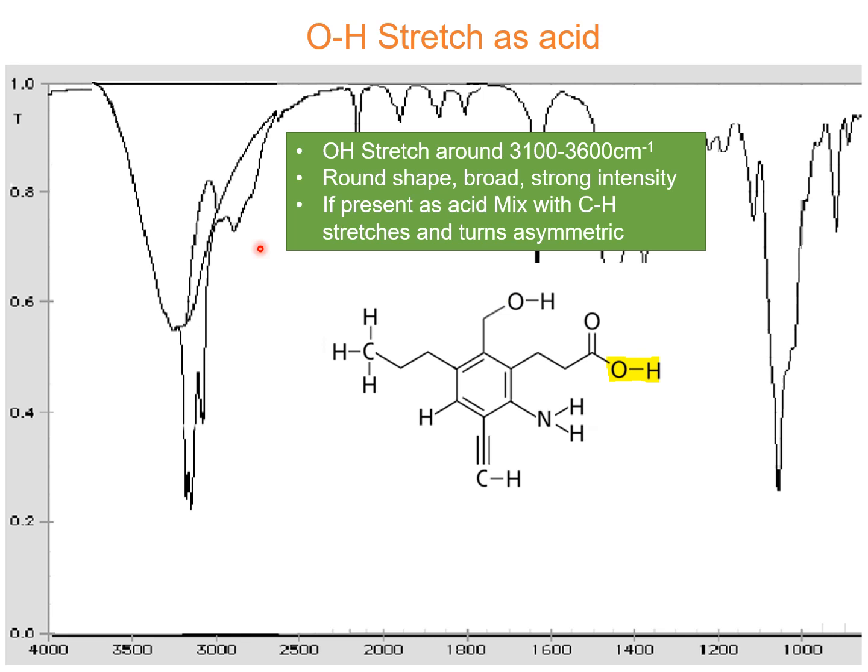And there is a very broad range from 3100 to 3600. Peaks are very broad. So OH stretches can be distinguished easily, whether they are hydroxy or acid. Hydroxy is round, with the acid it is asymmetric. With hydrogen bonding, it will become even more broad.